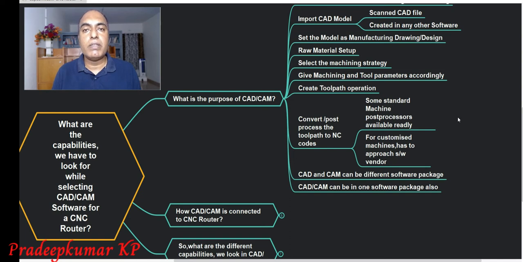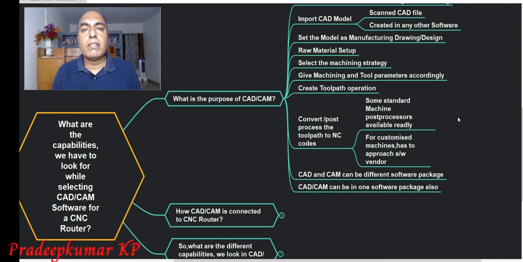Some of the software only has CAD designing capability, some has manufacturing capability alone, and some vendors come with software that has both capabilities, so it can do the design and also the programming, manufacturing what we call.